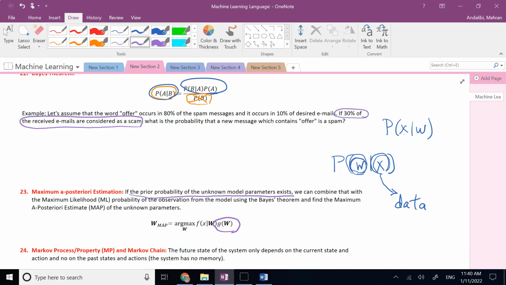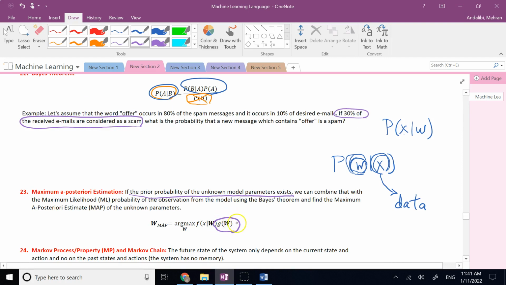How can you get such a thing? Well, you have to collect tons and tons of messages and sit down and label them. Hey, this is a spam, this is not. You need a human to label all those. So collecting such a thing, getting this prior function, is typically very expensive and time consuming.